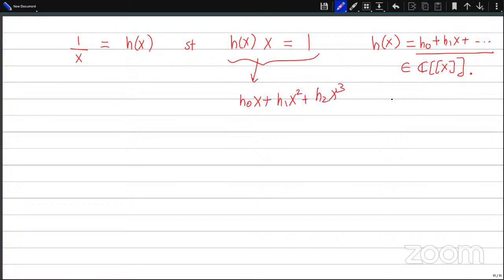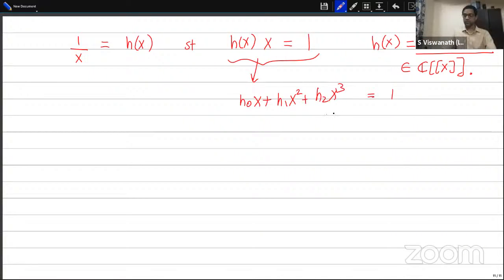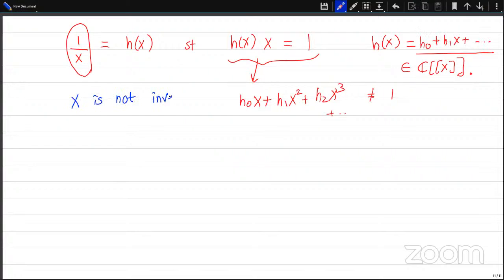The right-hand side is a constant power series 1. It has no other terms. There's no chance these two things can ever be equal. So in fact, x is not an invertible element of this ring. There is no such thing as 1/x. X is not invertible, it doesn't have a unit in this ring.